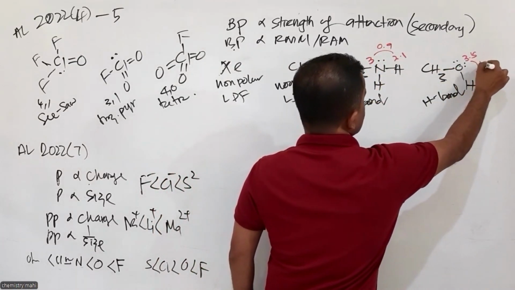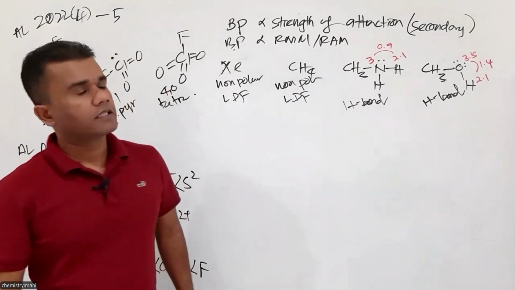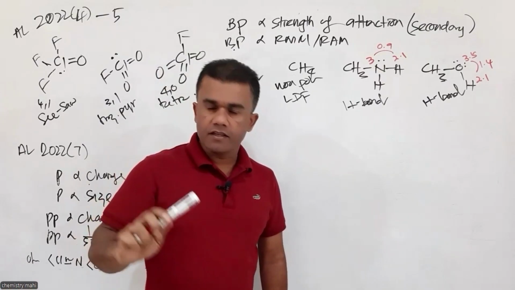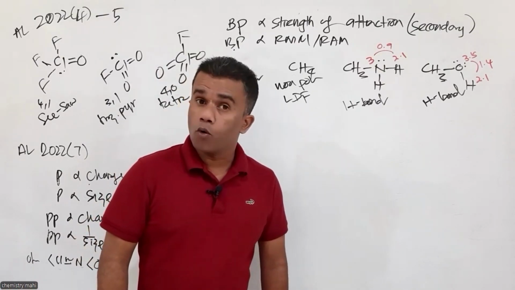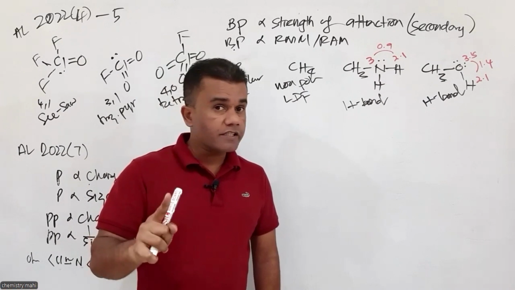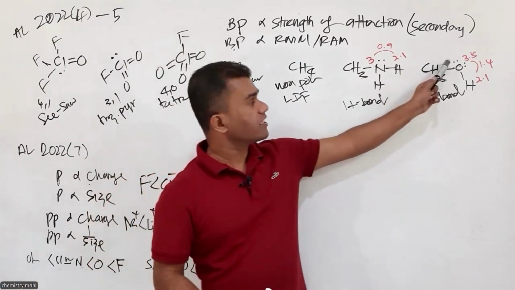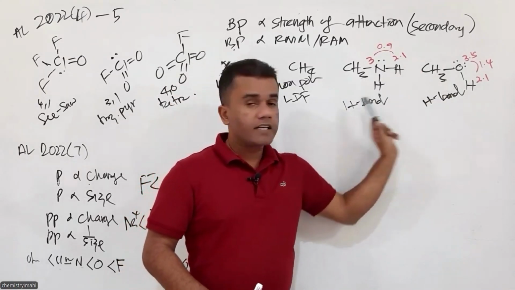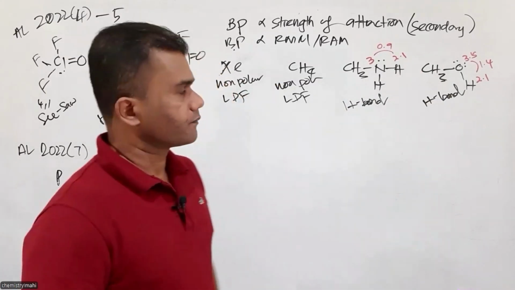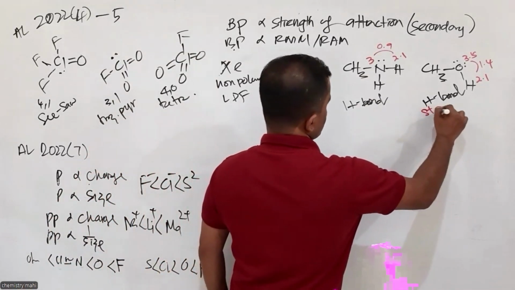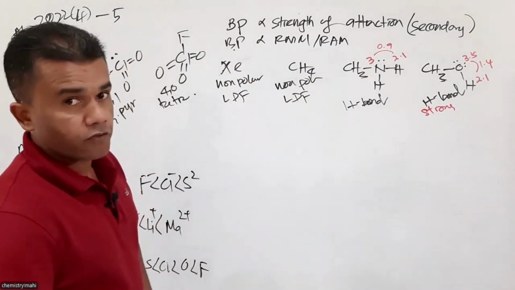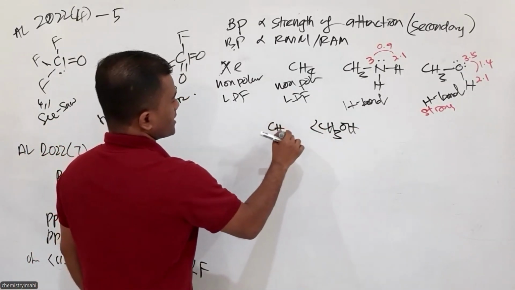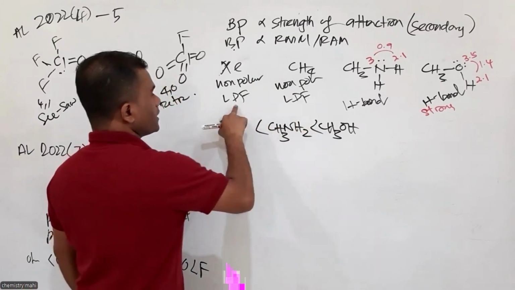For oxygen and hydrogen, it is 3.5 and 2.1, a difference of 1.4. So the OH bond has the higher electronegativity difference, meaning the bond is more polar. If the bond is more polar, the charge separation, delta minus and delta plus, is large, and the hydrogen bond will be strong. Understand? That's the way we compare. So this is the strongest hydrogen bond, and CH3OH should have the highest boiling point. Thereafter CH3NH2 with the other hydrogen bond, then London dispersion force.